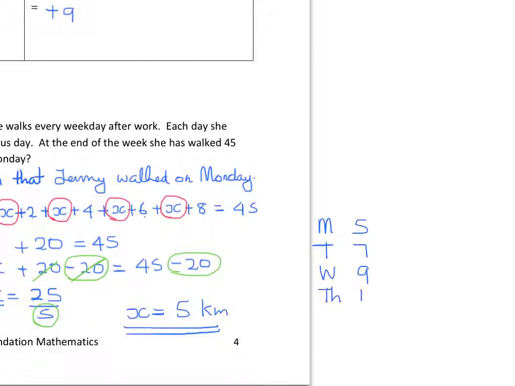Thursday, 11 kilometres. Friday, she must have walked 13 kilometres. When we add all of those up, remember, it had to be equal to 45 kilometres, and I think that it is. You can check that on your calculator. So this is our little check, just to make sure that our answer for the number of kilometres that Jenny walked on Monday is correct.